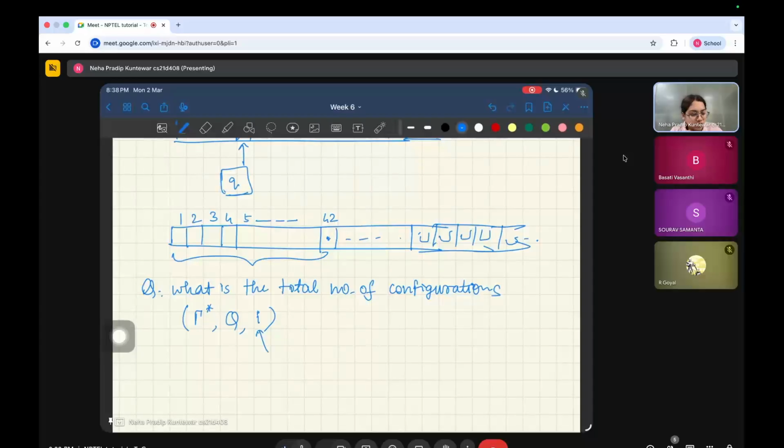So where all could the head point? There are 42 possible choices for the head. The number of states is size of Q, and what all contents can we have on this tape of 42 length?